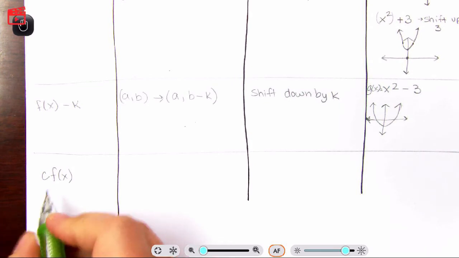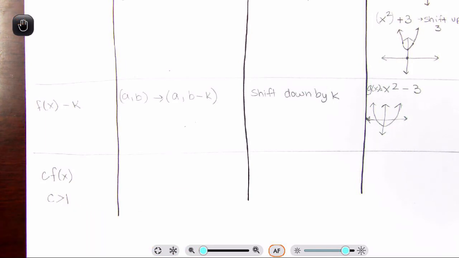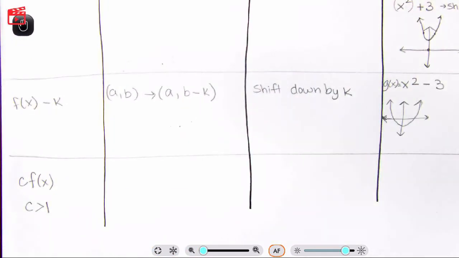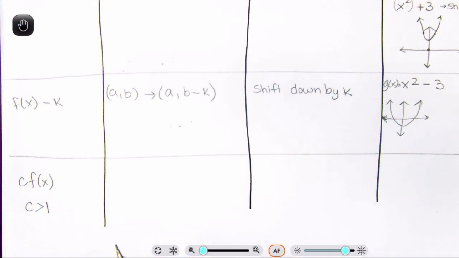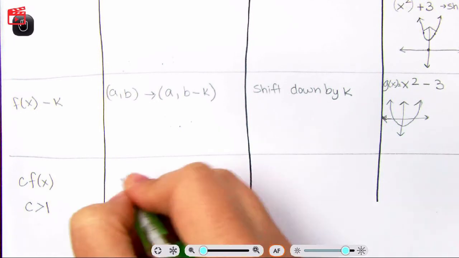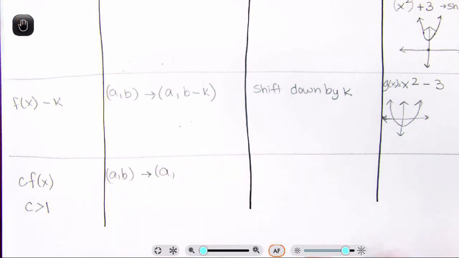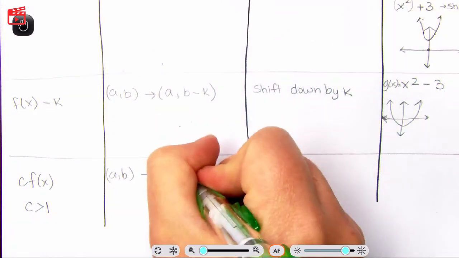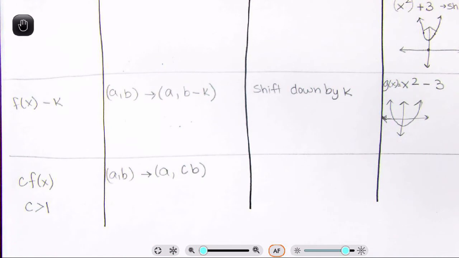And that c is greater than 1. So when c is bigger than 1, my y values are being multiplied. So if I have a and b as my points, again, nothing's happened horizontally, so I'm not dealing with any of my x values. I'm only dealing with my y values being multiplied by whatever c is. And that's when c is bigger than 1.